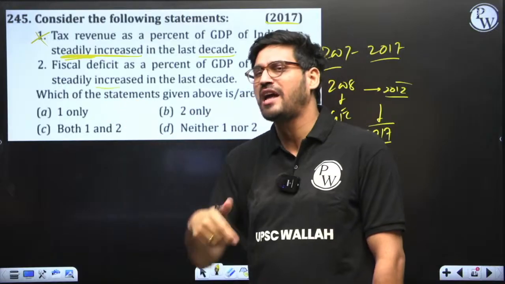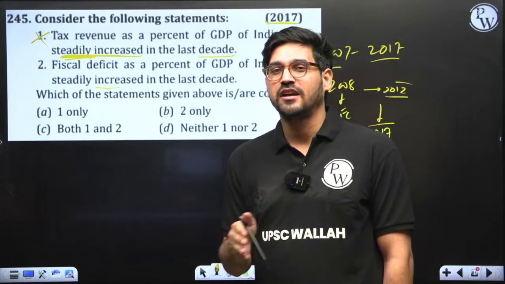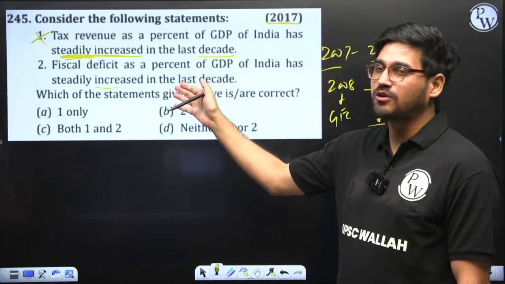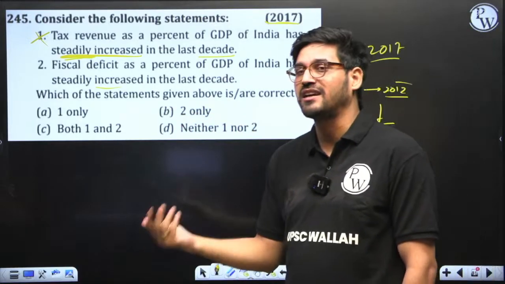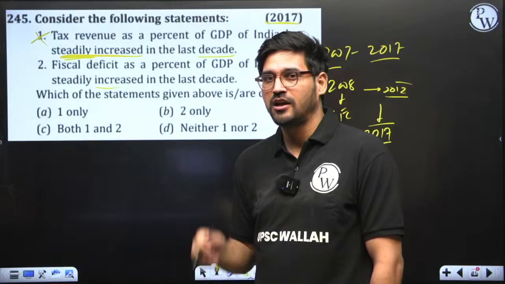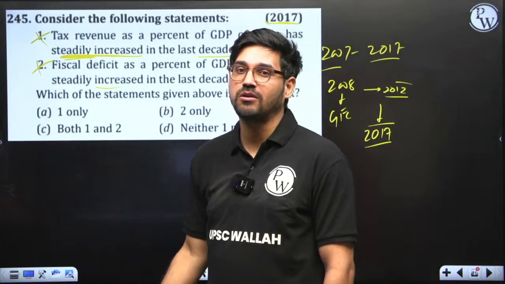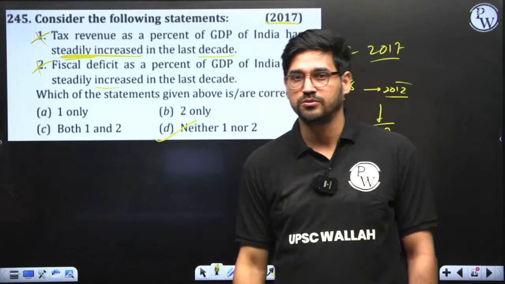It could have increased in one or the other years, but steadily? Since 2005, we have the FRBM Act. There may be some years where it may increase, but steadily, absolutely not. So commonsensically, 2 is definitely wrong. That means the answer is neither 1 nor 2.